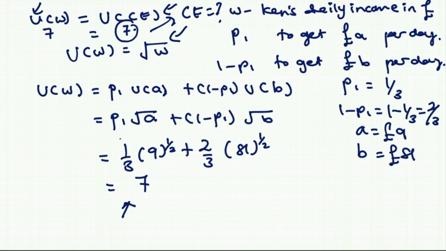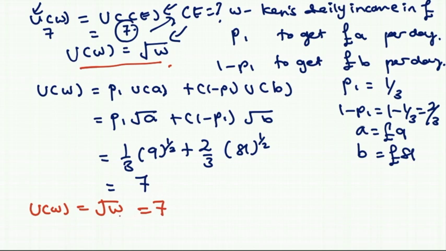And also, recall that we are given this utility function. Let me rewrite it again here. U(W) equals the square root of W, equals 7, because we got the answer 7, isn't it?